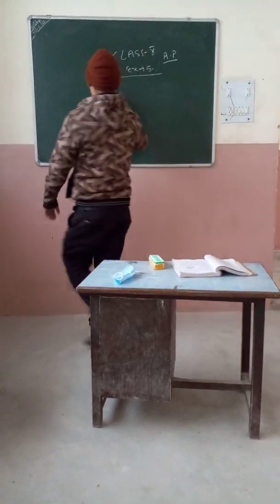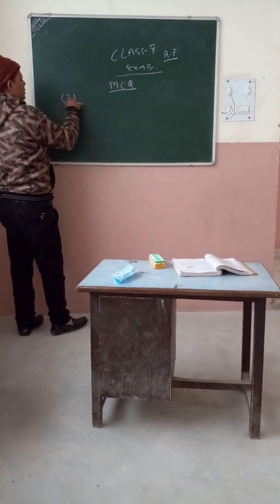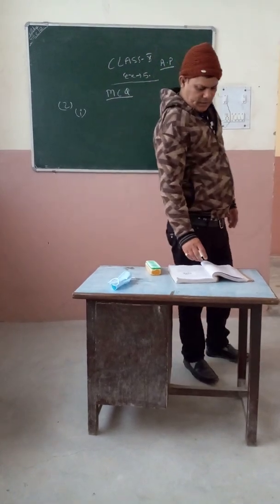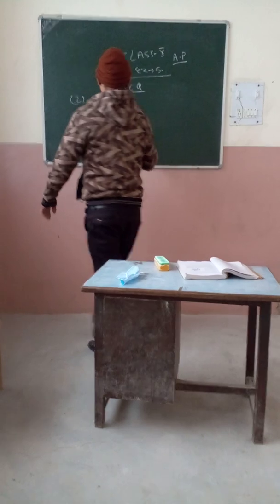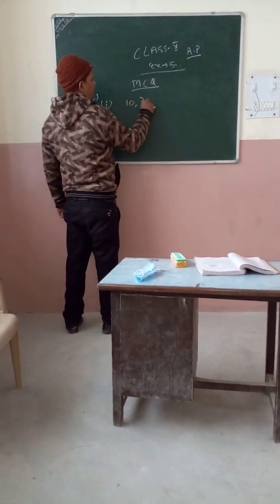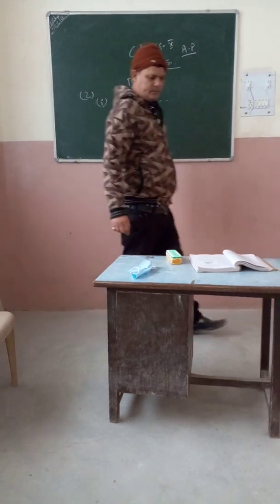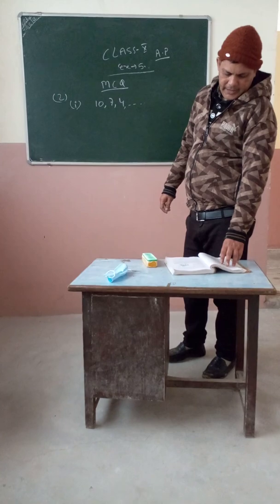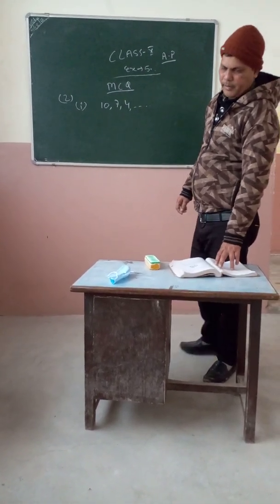This is an MCQ type question. Find the 30th term of the AP 10, 7, 4, and so on. There are four options: 97, 77, minus 77 and minus 87.